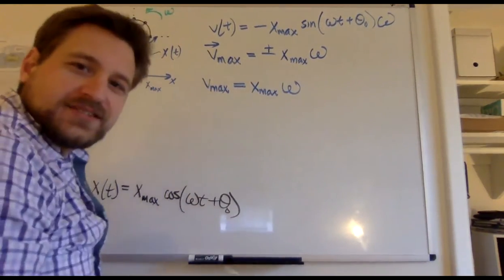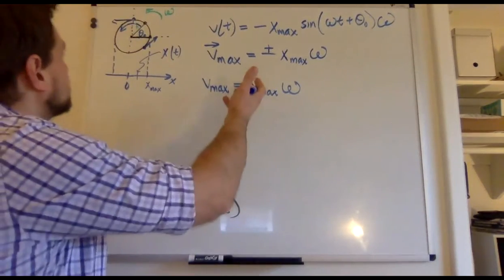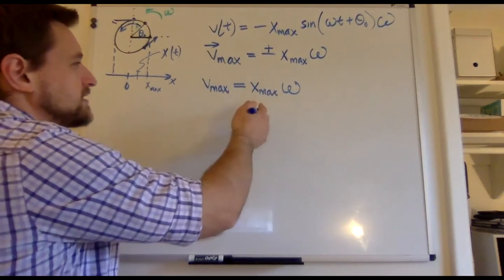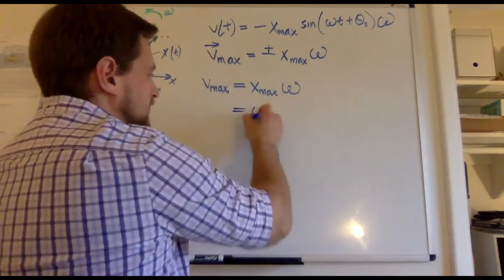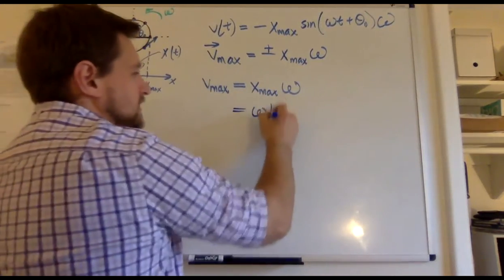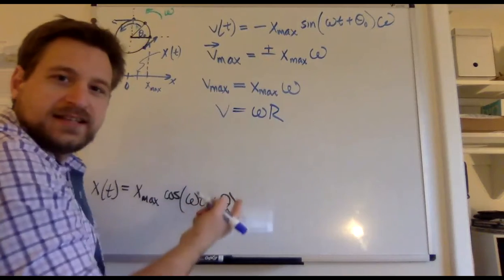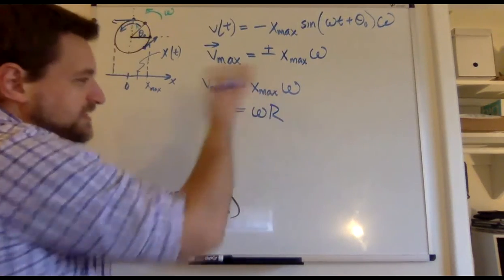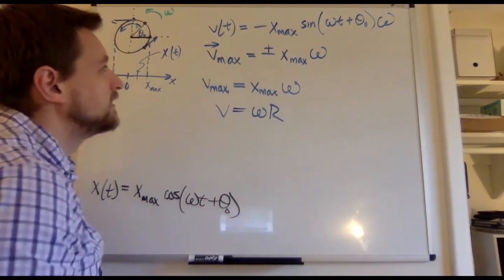but the thing is, this isn't a surprise at all. Not now that I'm looking at it, because this looks like omega, and x max is the radius of that circular motion. So that's this. We're just saying this. But of course, it's that. I mean, it has to be.